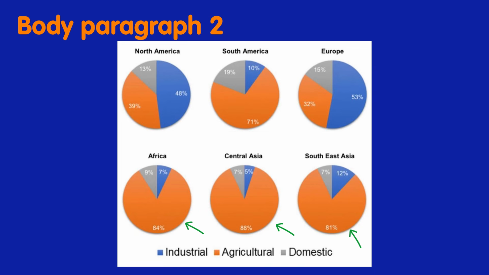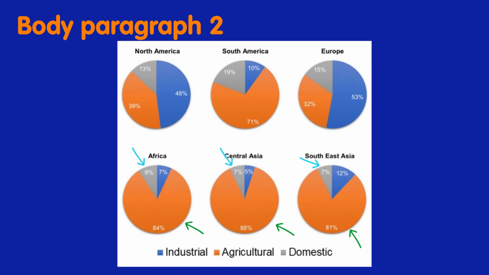So remember, every time that you are provided with data like this, you have to write the highest percentage. It's very important. And let's talk about household purposes, which is domestic. As you can see, for domestic purposes, it's 7% for Southeast Asia and Central Asia, and it's 9% for Africa.